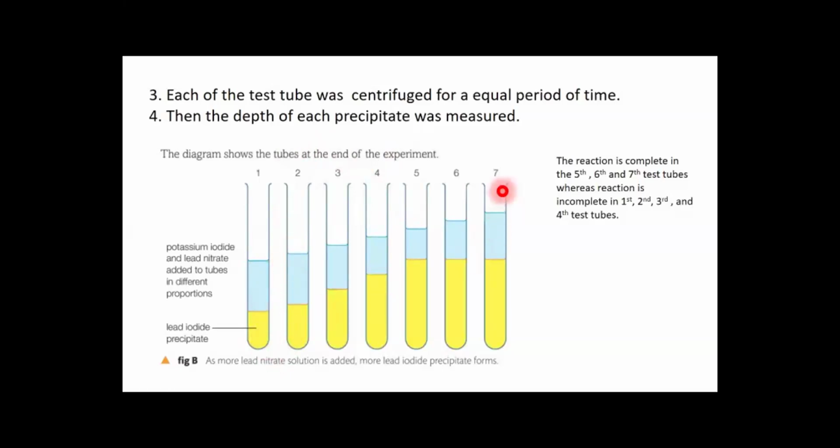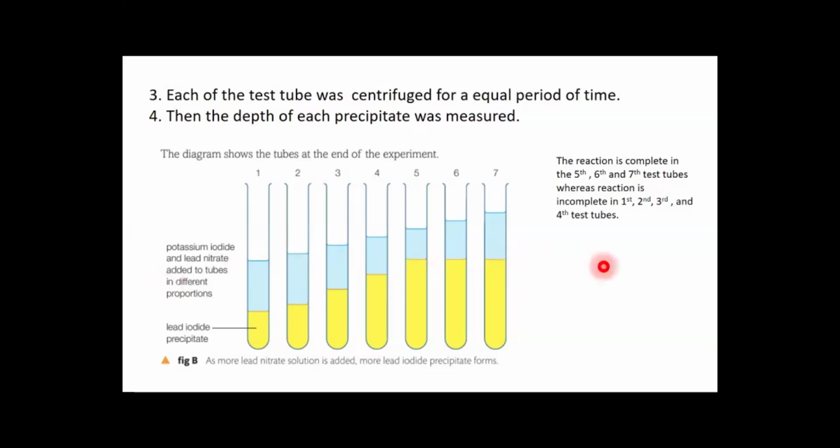You can see from this picture that the precipitate height in the 5th, 6th, and 7th is the same, right? If the precipitate height is the same, it means the reaction is complete, right? That means the exact amount of potassium iodide and lead nitrate has reacted.